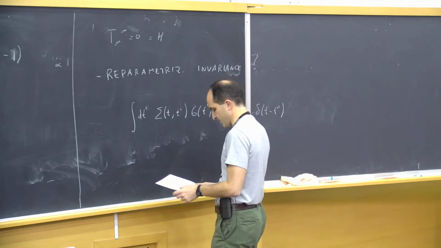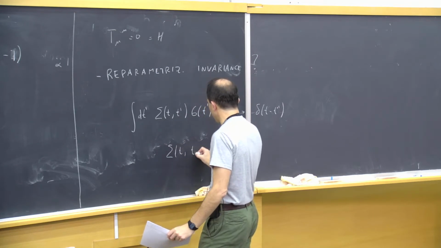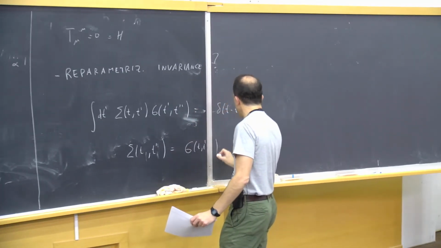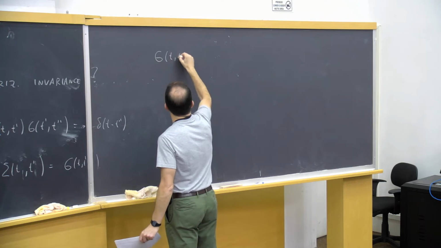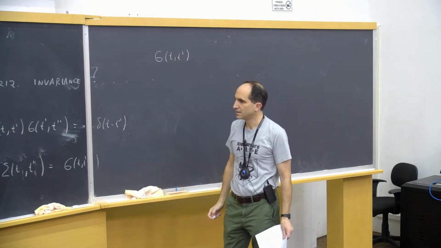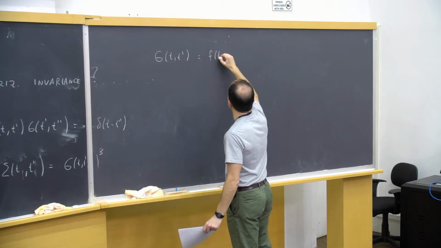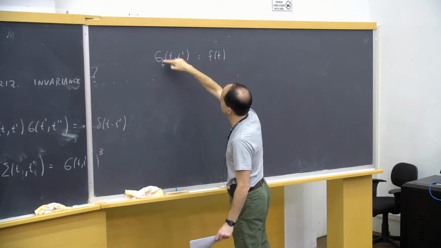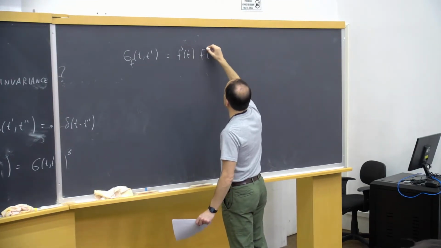And then we had, of course, the other equation, which we can just write as a function of the two times. That's the equation we had the other day. Now, one can check that if we replace g of t, t prime as follows: given a g, we are going to construct a family of new g's, parametrized by a function f, which will be this reparametrization.